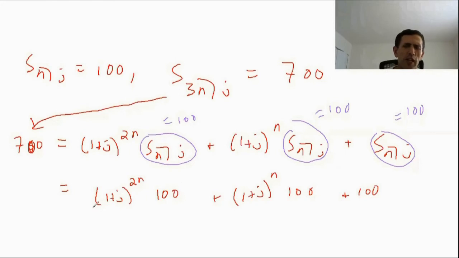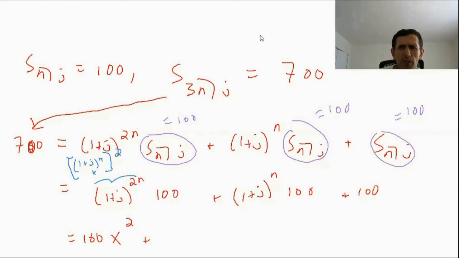This is a little trick that you use every now and then in exam FM in various incarnations. What I want to do is write this whole thing as ((1 plus j) to the N) squared, so that I can let X be (1 plus j) to the N, so that this is really 100 X squared.